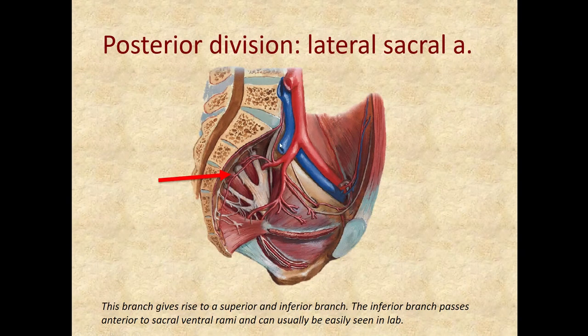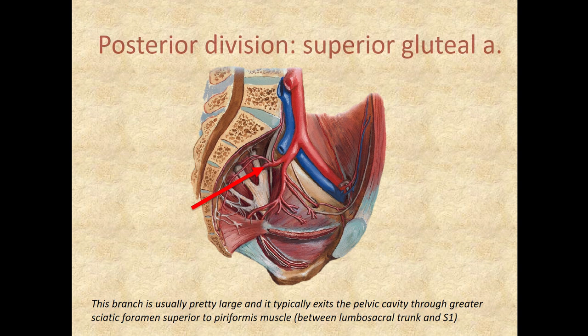The lateral sacral artery is going to course posteriorly and inferiorly along the sacral nerve branches. So you can find this one if you're looking for an artery that almost looks like it's going down the front of the anterior foramina of the sacrum. And then the superior gluteal artery is the biggest one.